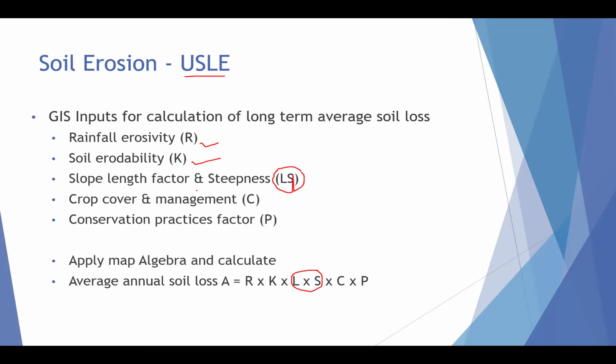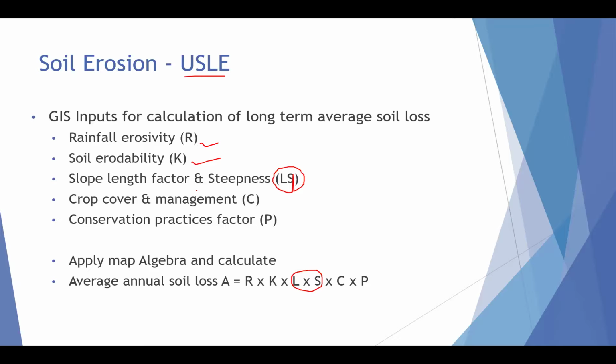It may strike the crop, so the energy gets reduced. Therefore, the detachment gets reduced. And sometimes you may have some conservation practices, like strip cropping, so that the sediment will not be carried away from the actual land. It may get stopped because the velocity of the flow gets reduced.